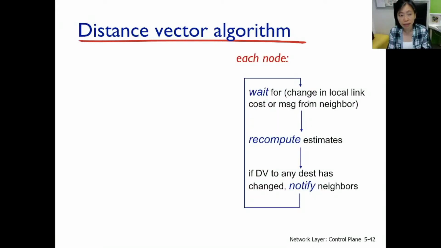To be more precise, this is the distance vector routing algorithm, and it's depicted such that it looks like it's working in cycles. Each router in the network operates such a cycle. First, it's going to wait for one of these two events. Very common is that you receive a distance vector from the neighbor.